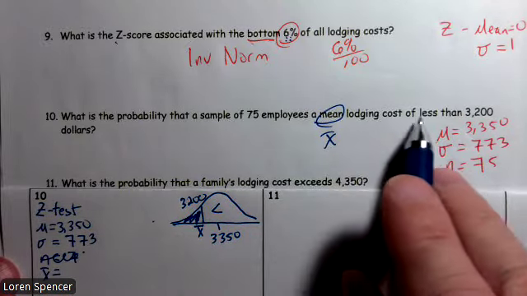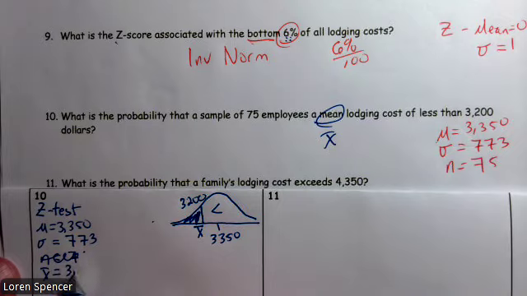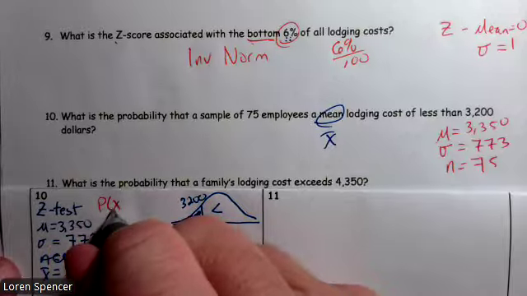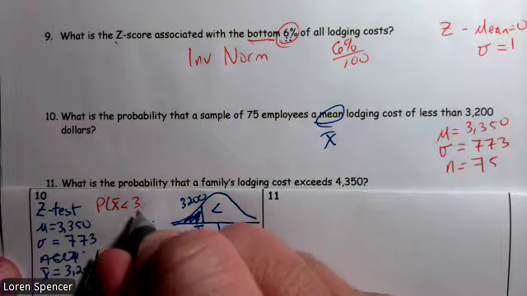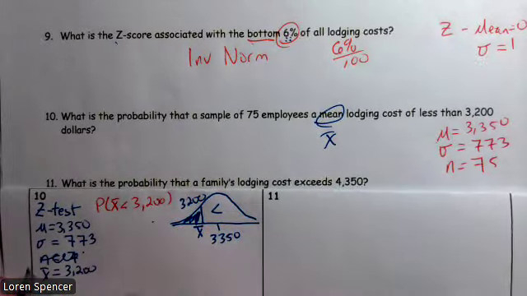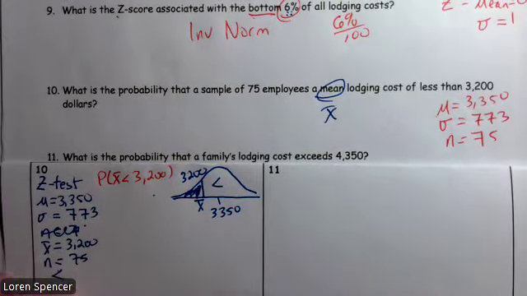X bar in this case is 3,200. Our probability statement, which is not required, is the probability that X bar is less than 3,200. Now we have n equals 75, and a less than symbol.